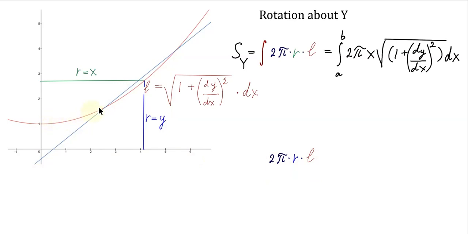This curve, x from 0 up to 6, or any other interval along the x-axis. So we want to be able to calculate the surface of rotation while we rotate any curve and in any interval x from A to B.